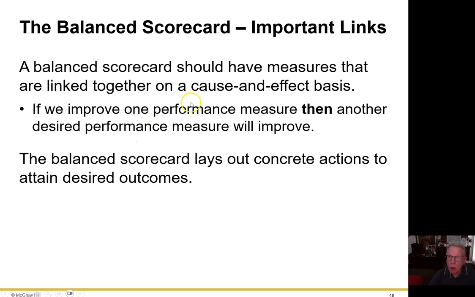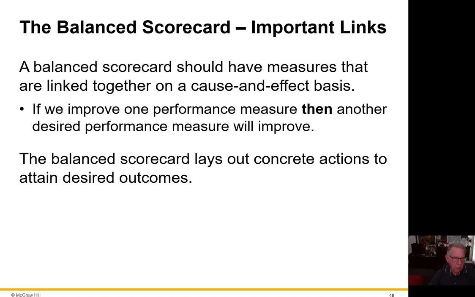So there are important links associated with the balanced scorecard, and they should have measures that are linked together on a cause and effect basis. So if we improve one performance measure, then another desired performance measure will improve. The balanced scorecard therefore lays out concrete actions to attain desired outcomes.